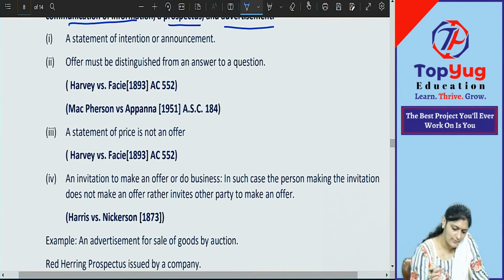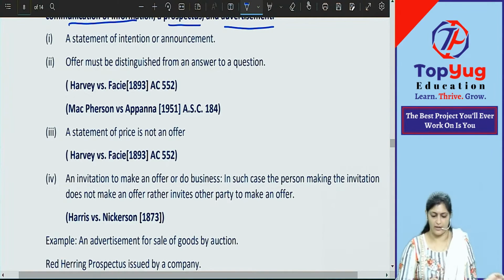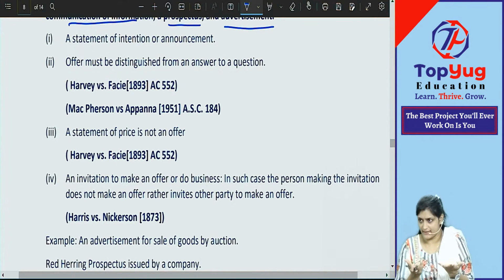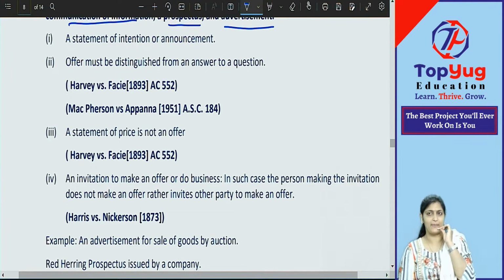Now, statement of intention or announcement. See, what happens sometimes, I'm just expressing my willingness, my wish, but I don't want to get into any contract. For example, I'm telling, I wish to transfer my property to any person who marries my daughter.